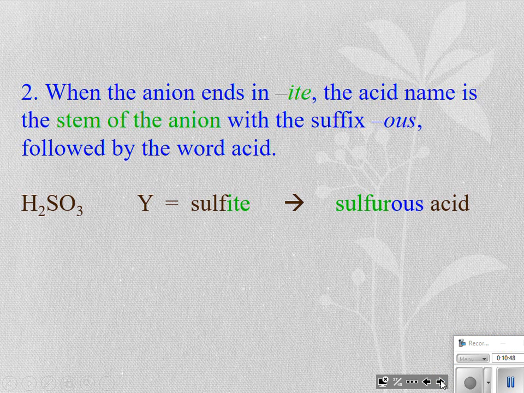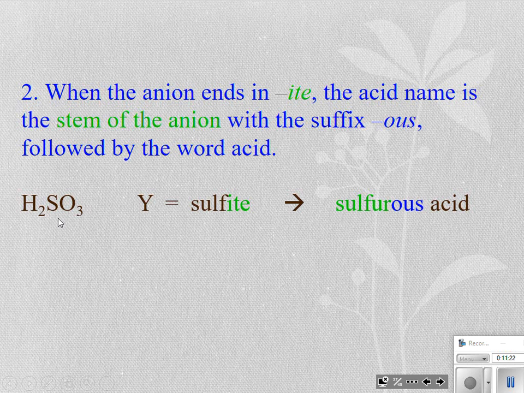Here is H2SO3. So if I am looking at my anion, my Y, it is going to be SO3. Find SO3 on your polyatomic ion sheet. What is SO3 and what is SO3's charge?